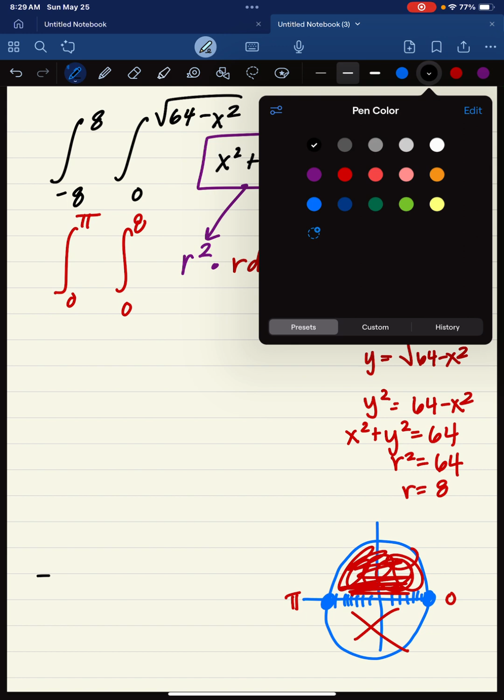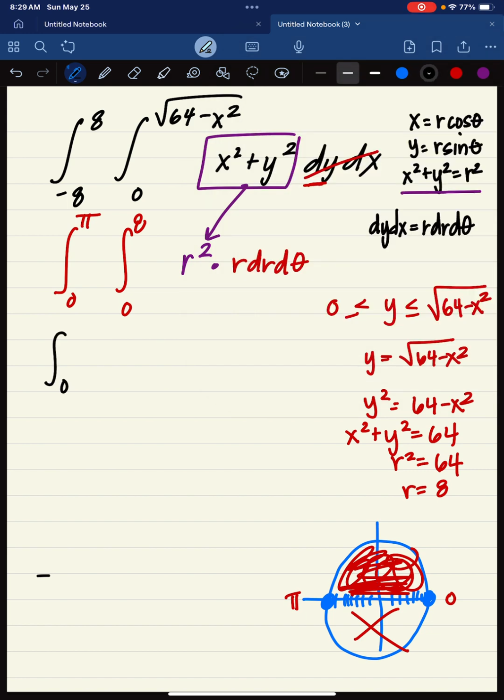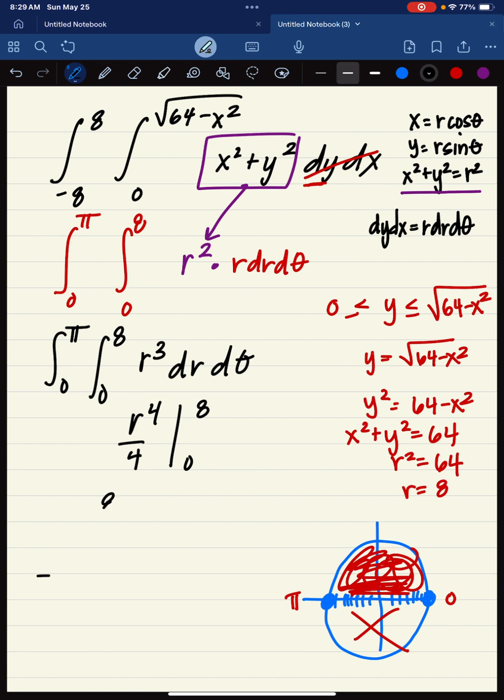So when I put these together, I'm going to get the integral from 0 to pi of the integral from 0 to 8 of r cubed dr d theta, which would give me r to the 4th over 4. I'm going to be evaluating that from 0 to 8. So I'm going to get 8 to the 4th over 4 d theta. Okay, I don't know what 8 to the 4th is. Let's see. 4,096.